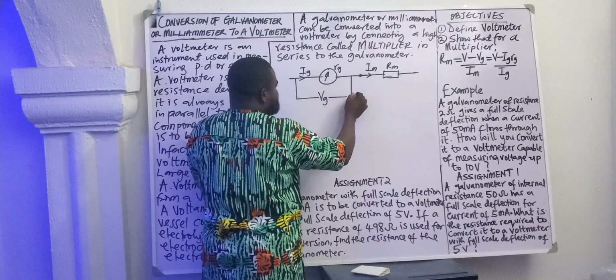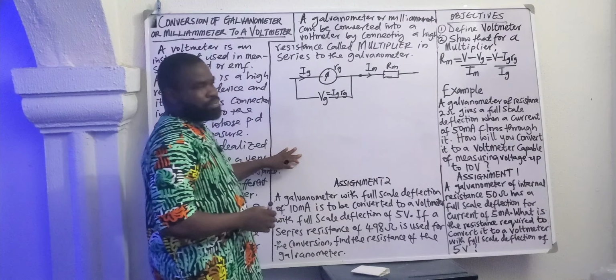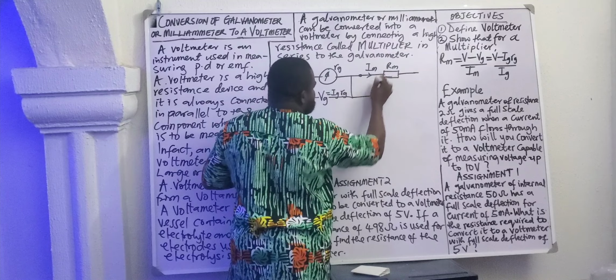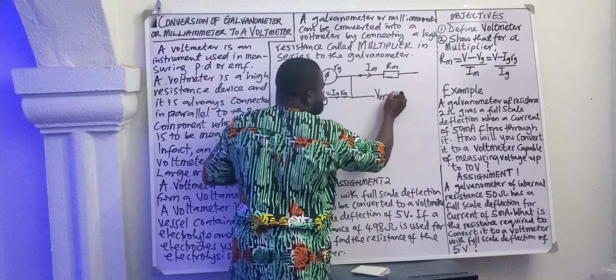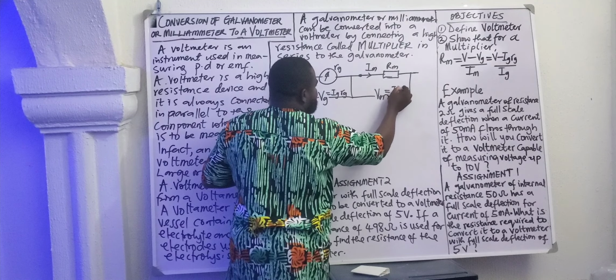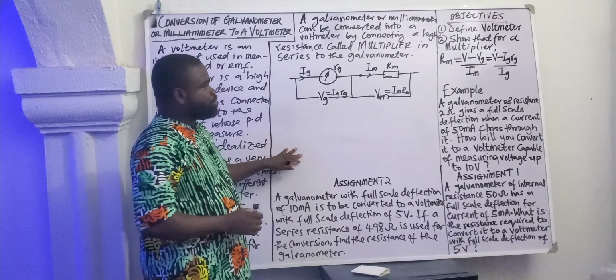So this VG is IG RG according to Ohm's law. Likewise, we will have a voltage drop across the multiplier. Let's call it Vm. Also, this Vm is equal to Im Rm, according to Ohm's law.